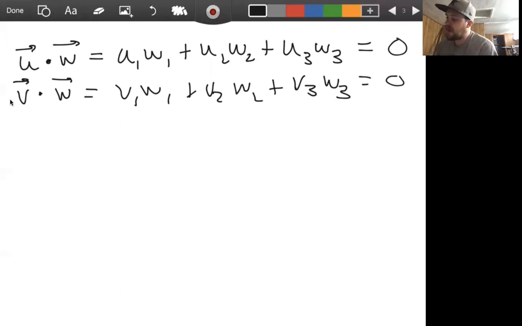Okay, so we can do a little bit of linear algebra here, substitution and elimination techniques to simplify the expressions. So let's eliminate the variable w3.